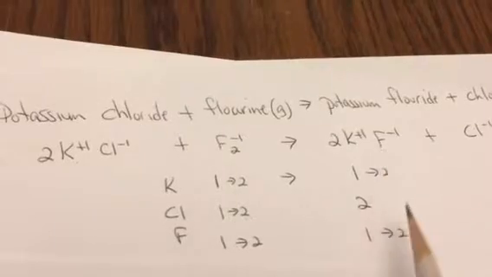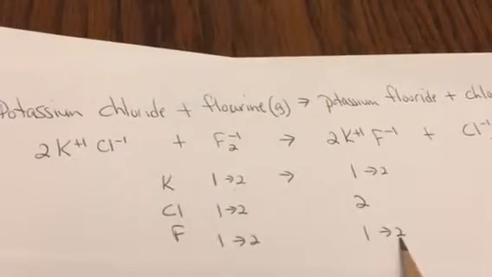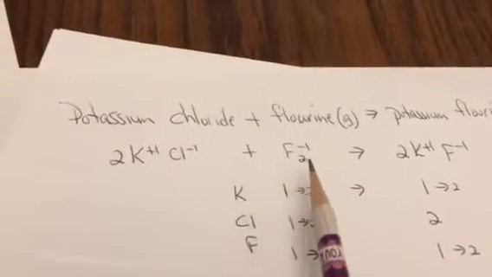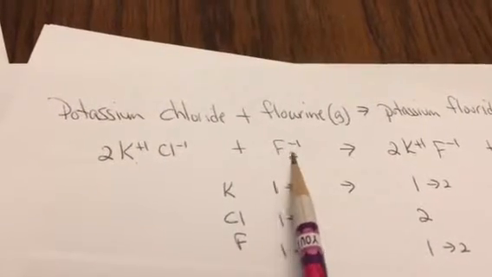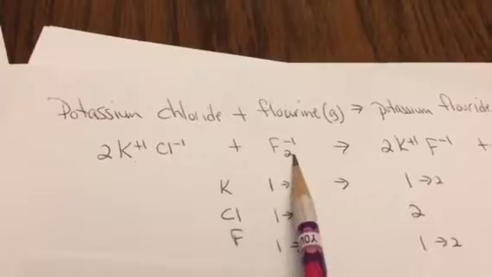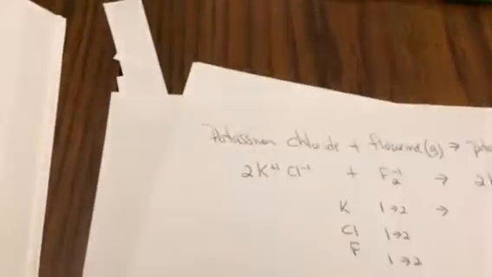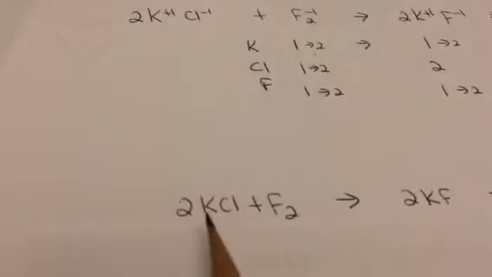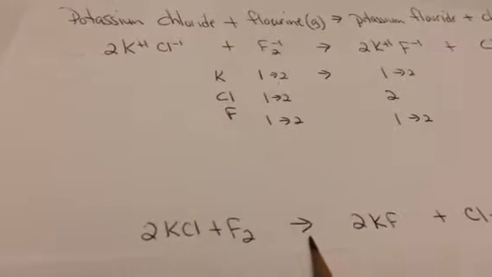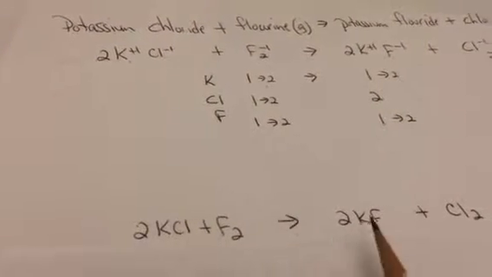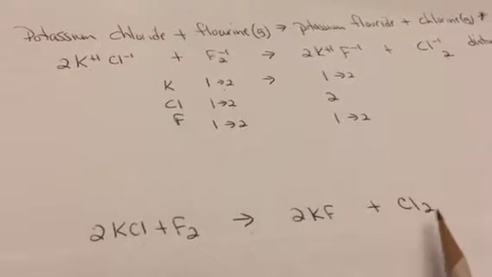So now we've gone from 1 to 2 in the fluoride, and on this side we do not have to put that in front since it's just a single, so we can make it a subscript of 2. What we end up with as a balanced equation looks like this: 2 KCl plus F2 creates 2 KF plus Cl2.